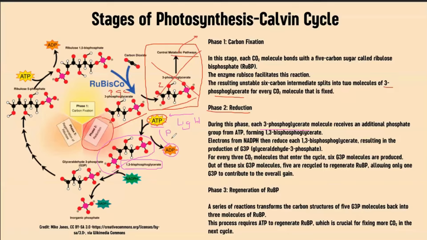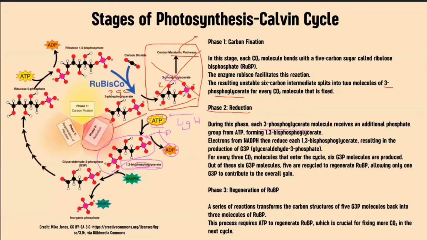Now, you might be thinking, where did that phosphate go? The phosphate was used to energize this structure right here. So now that's why it's called 1,3-bi, meaning 2, phosphoglycerate. So what you see there is the term phosphate. And before we had 3-phosphoglycerate, right? And you see that it's just one phosphate.